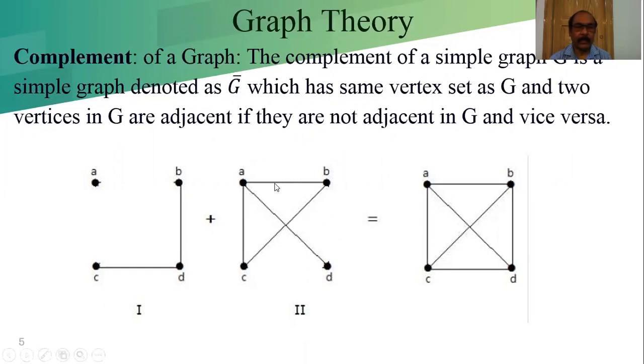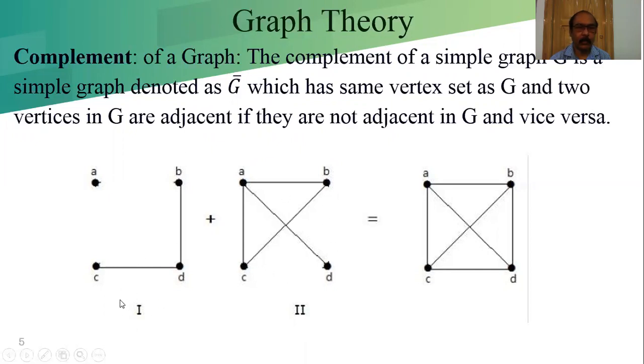If we consider this graph, it has 4 vertices. If we consider A and B, they are adjacent with this edge, and we can find another graph.